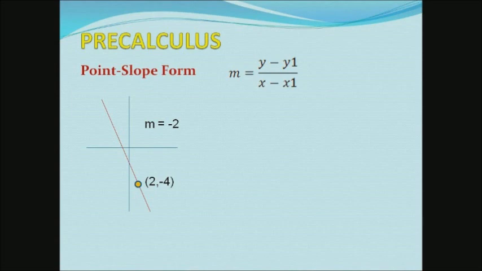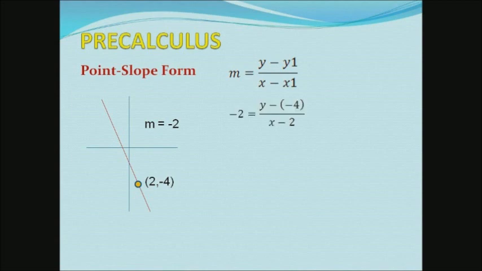So again, we have the point slope form, m equals y minus y1 all over x minus x1. So all we have to do is to substitute the values of our given slope m, negative 2, and substitute the values of 2 and negative 4 to our x1 and y1 respectively.